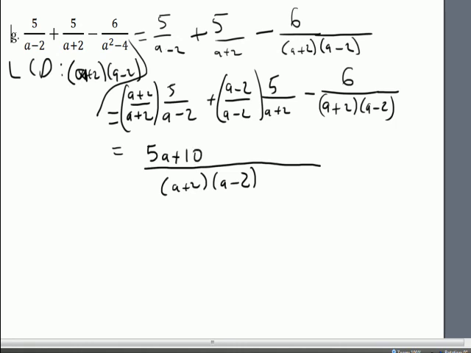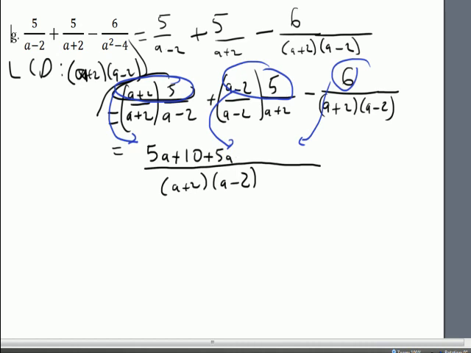And again, that's coming from here. Let's do that in a different color. From here, I'll get that coming here. And the 6, I'm going to have that be last in a second. The 5 times a minus 2 should be plus 5a minus 10. And I've got a minus 6. Again, be real careful about this minus sign. It's going to come along here.